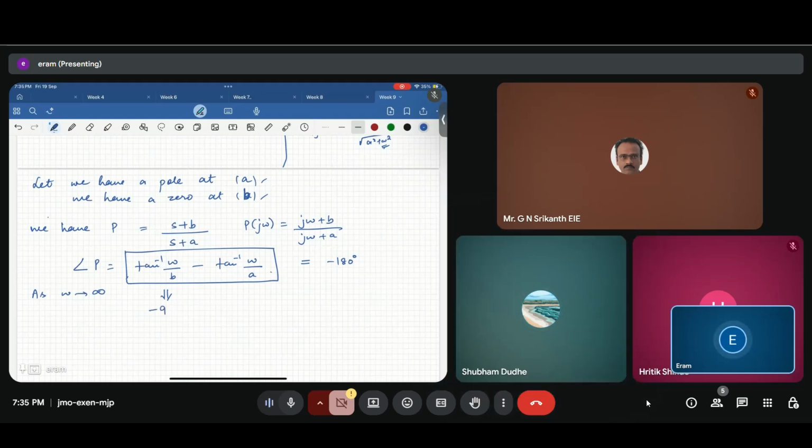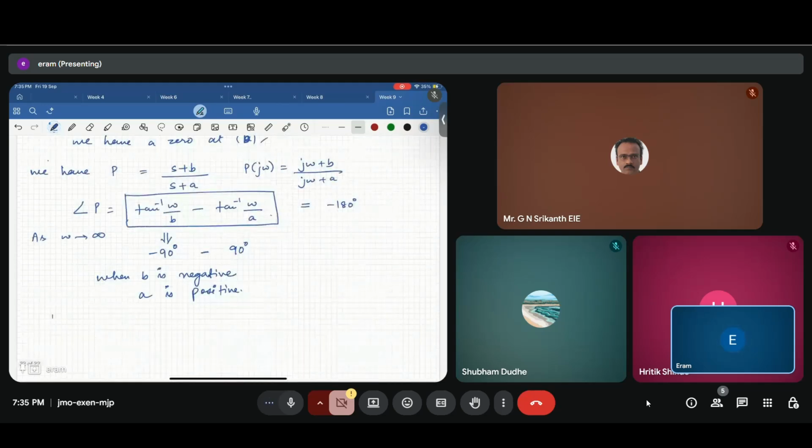Yes, when this term is minus 90 degrees and this term is minus 90 degrees, then their sum will be equal to minus 180 degrees. And when is that possible? When b is negative, and a is positive, right?